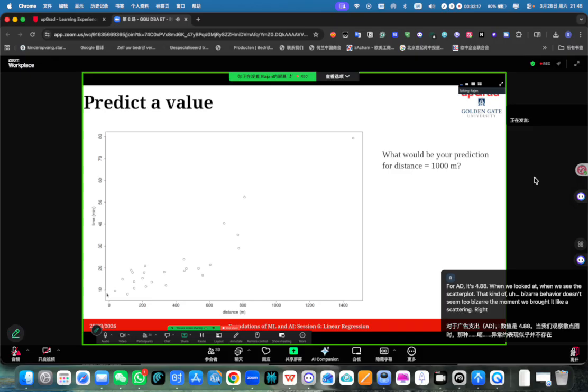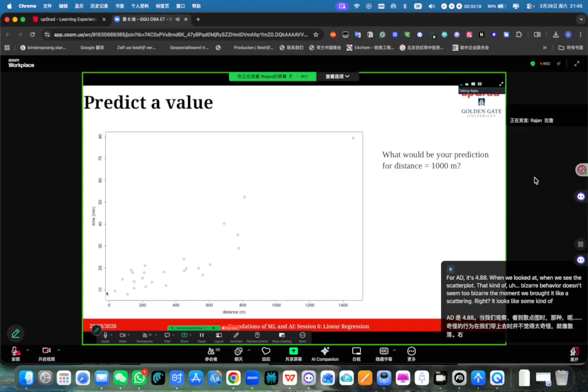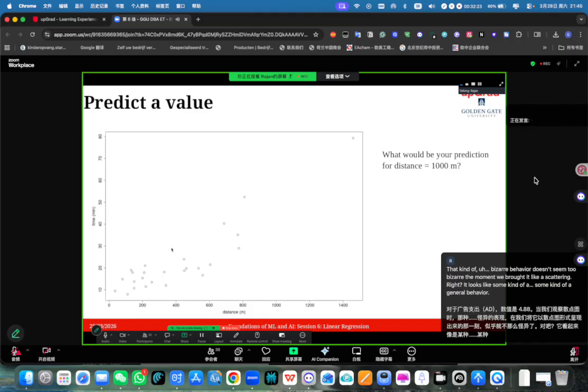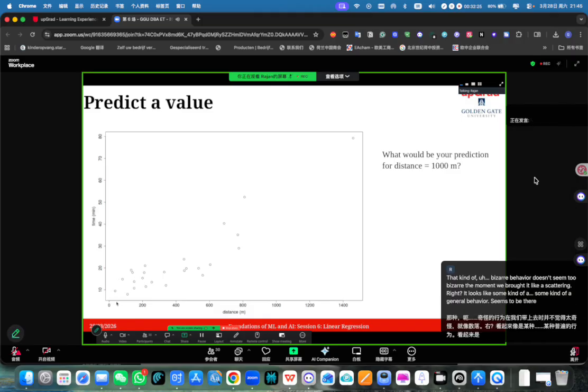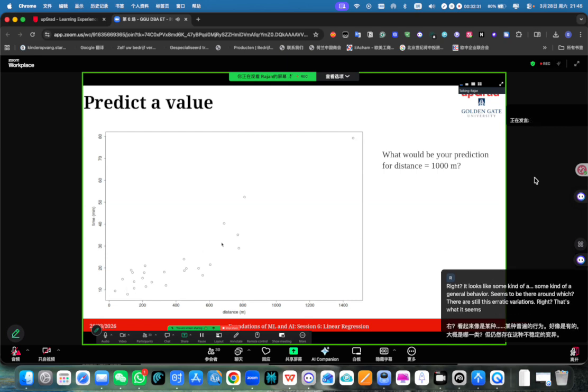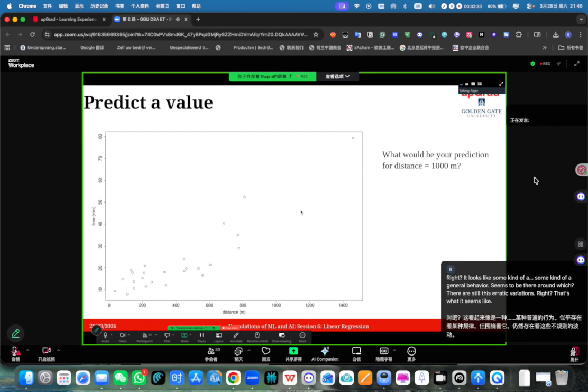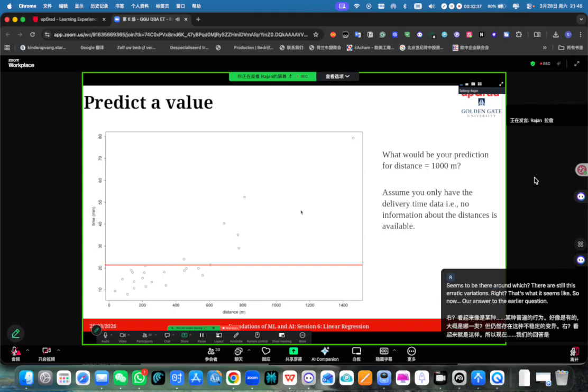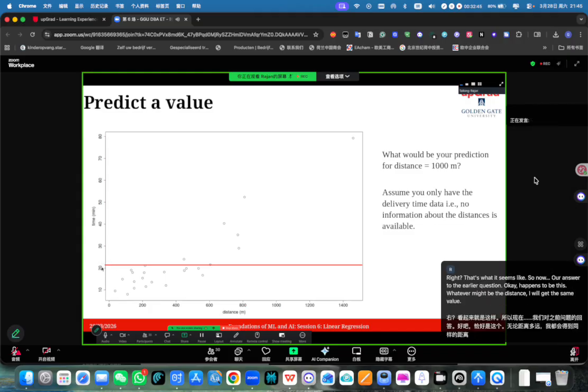It looks like some kind of a general behavior seems to be there, around which there are also these erratic variations, right? That's what it seems like. So now our answer to the earlier question happens to be this. Whatever be the distance, I will give the same value. 22 point whatever that answer was, right?